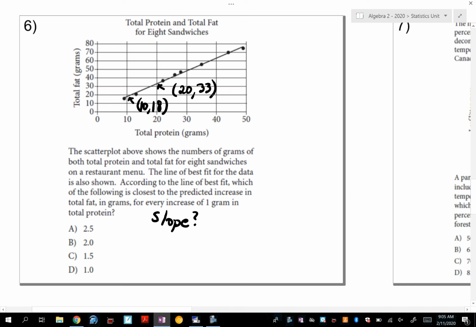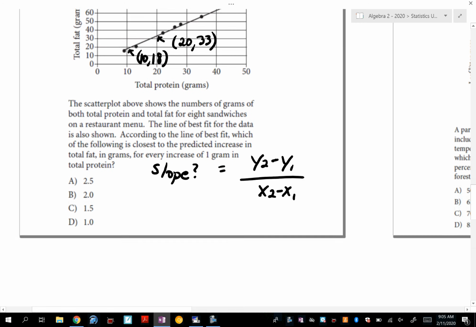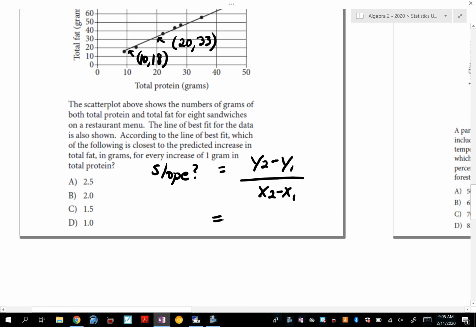So the way I did this was I used my slope formula because it's asking for slope. That's equal to the change in y over the change in x. If I plug in those values, I get 33 minus 18 over 20 minus 10.